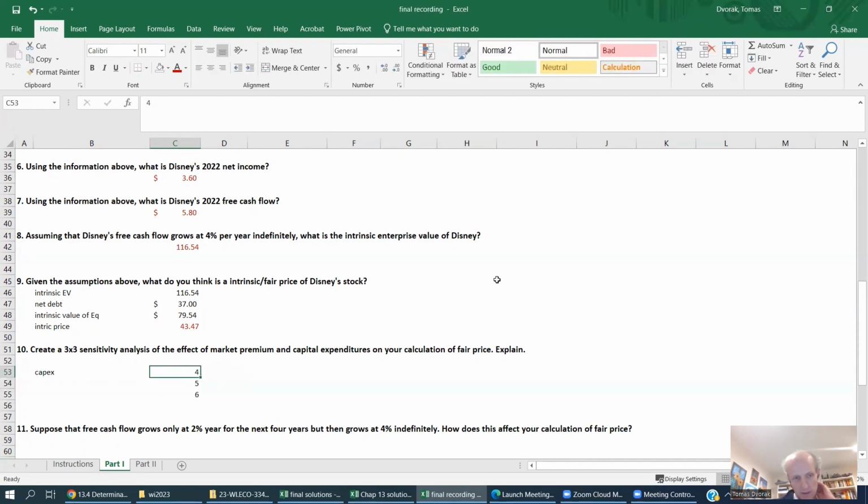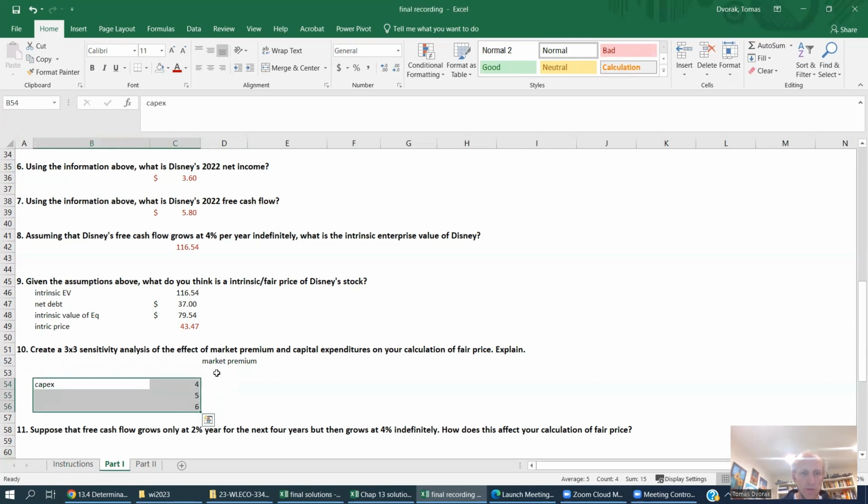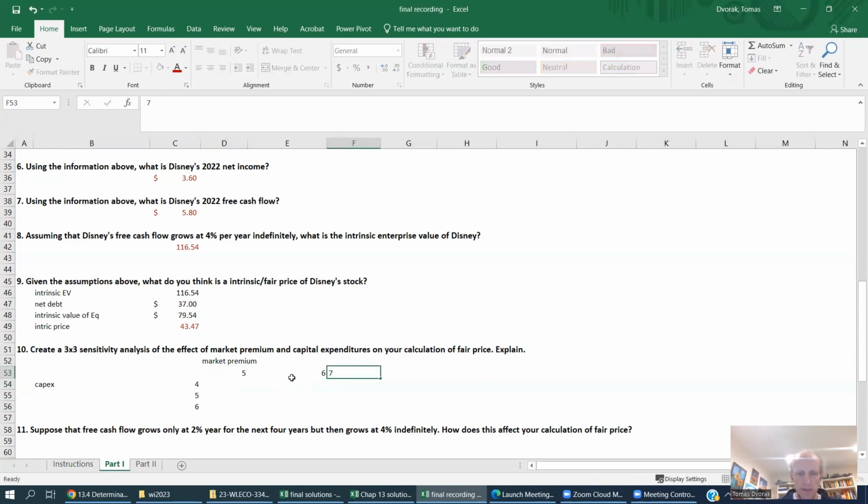So 5 is the middle. Market premium. Right now we're assuming a market premium of 6. All right, so I actually need to shift this down a little bit. So what if it was 5, 6, and then 7? The cell that we're interested in is here. That's the intrinsic price.